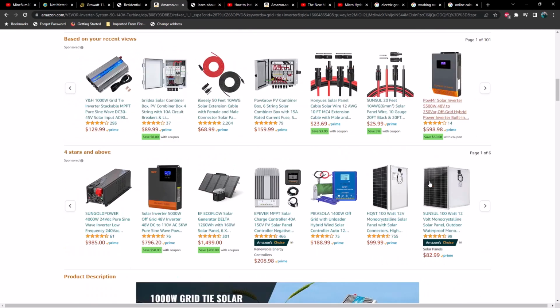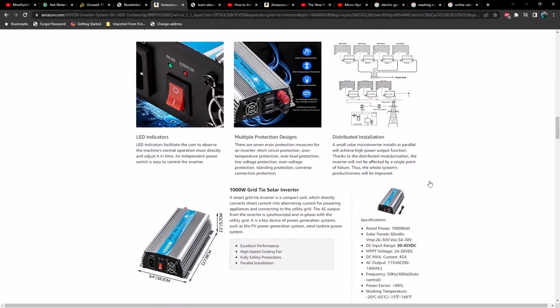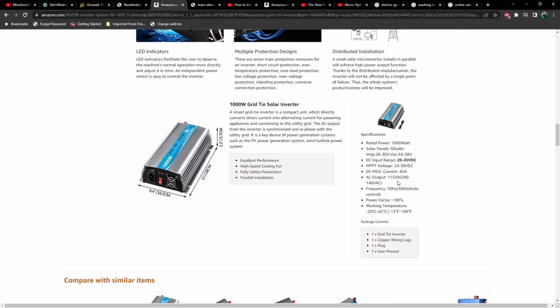Let's see if it states it in here. Let's see here. So AC output 90 to 140 volts at 50 hertz to 60 hertz. So that is within range, but when it comes to electronics, you don't really want this to fluctuate. And if you can't make sure that this isn't fluctuating, then I don't recommend doing it.